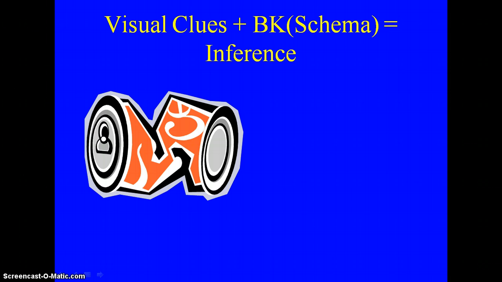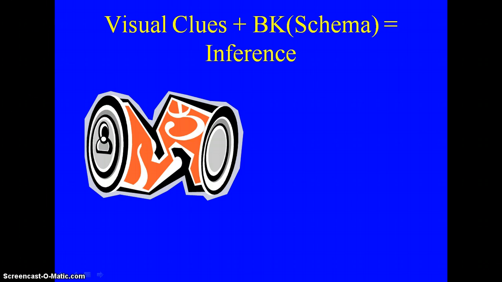And let's look at visual clues. A lot of times when we're inferring, we have to use clues. We have to become a detective, and we have to find clues. And we have to take those clues and put them together with what we already know, which is called our BK, our background knowledge, or our schema. Schema is a word that you're going to hear me use quite often.